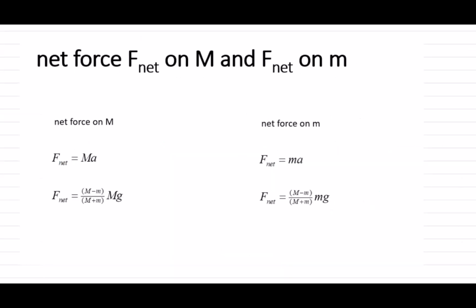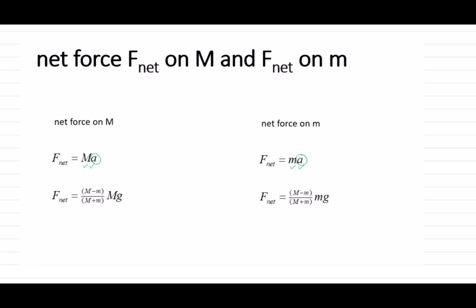Now let's see the net force on both the masses. So net force on m will be the mass of the object times the acceleration. And what's the net force on the other mass? That is given by the mass of the object times acceleration. Now, note very important that we have seen earlier that acceleration has to be the same on both sides. And then substitute simply the values of a.